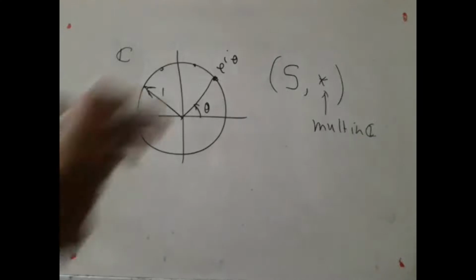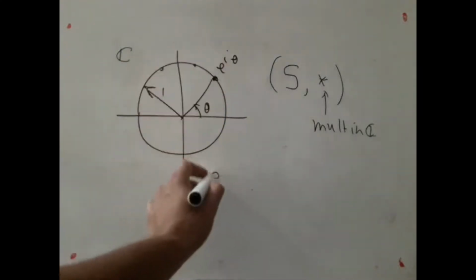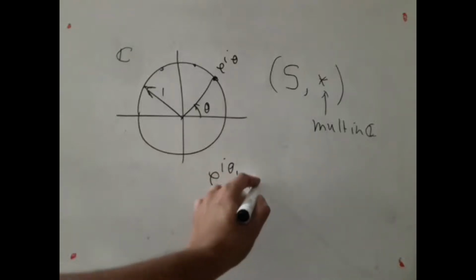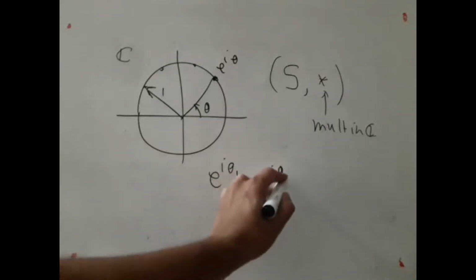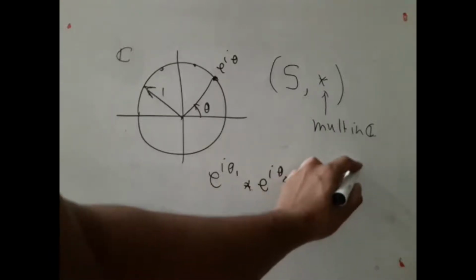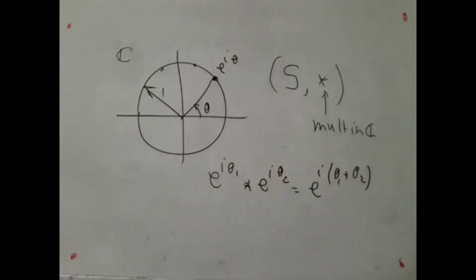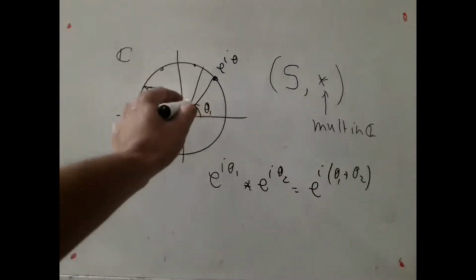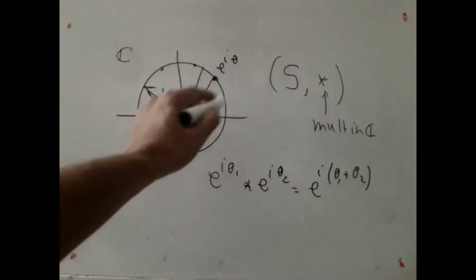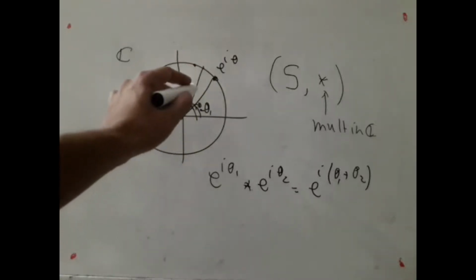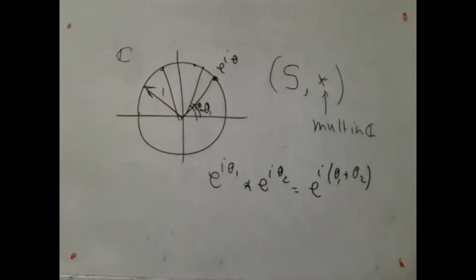So this is multiplication in C. If I take two entries here, e to the power i theta 1 and e to the power i theta 2, I multiply, then I get e to the power i (theta 1 plus theta 2). This is theta 1 and this is theta 2. So if I multiply, then basically I add theta 1 plus theta 2 and I move to some other place.